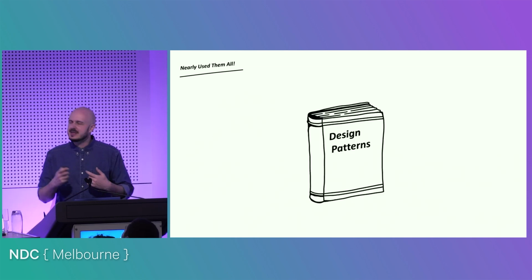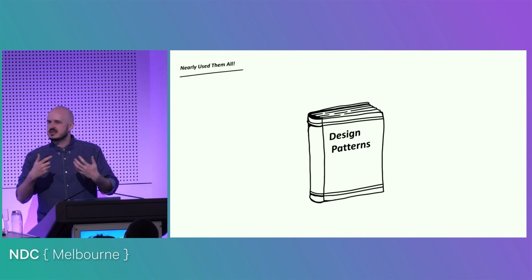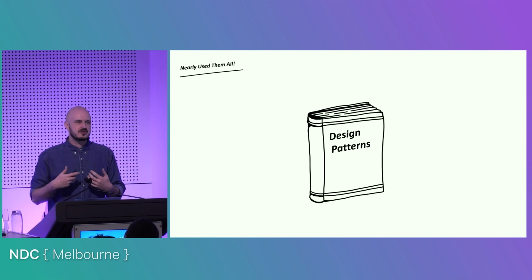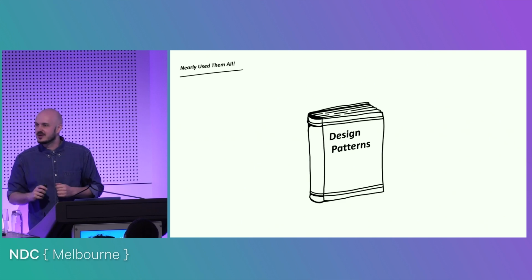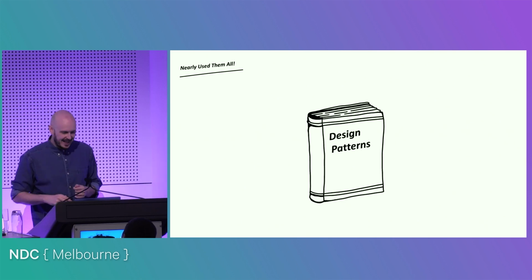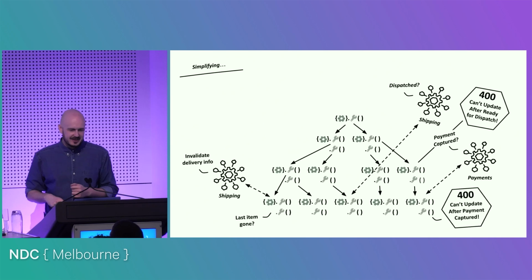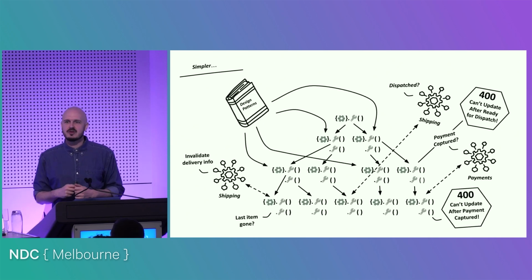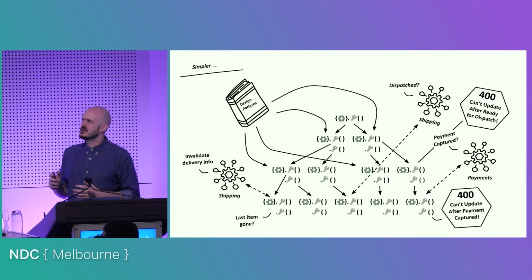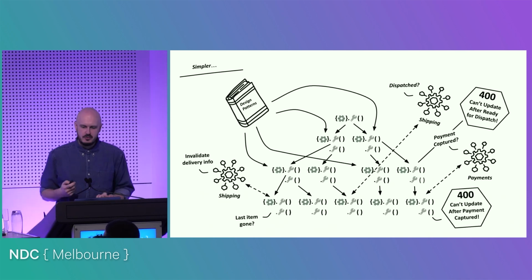And maybe in doing all this, we've noticed that our code base is getting really quite complex. So we've reached for the old design patterns book just to see if there's any we haven't ticked off yet, any that we're looking forward to using. And hopefully we're going to look at this mess and use those new patterns to do some really clever refactoring that makes all this complexity much, much better, hopefully.